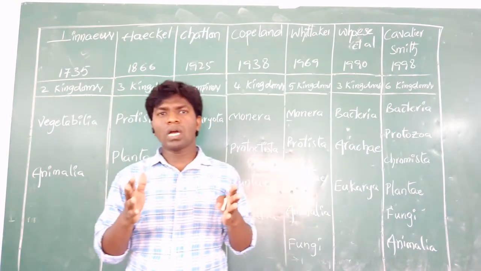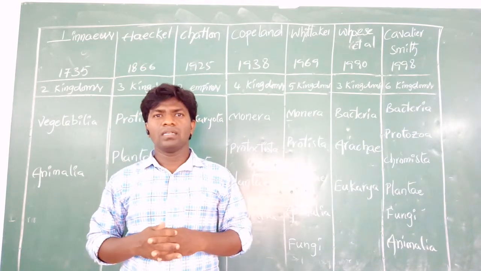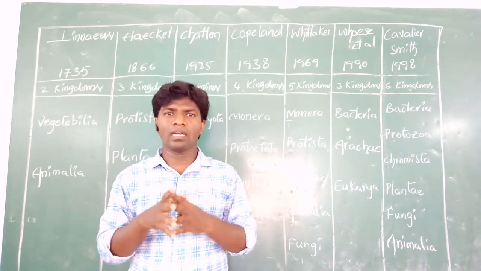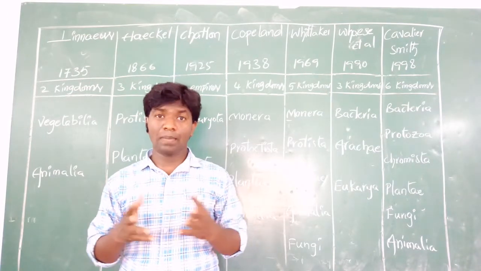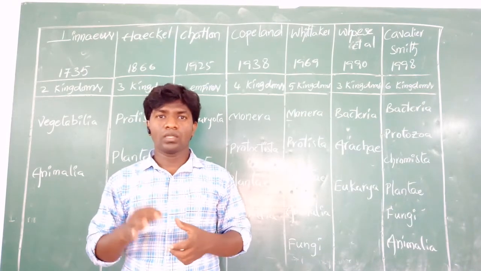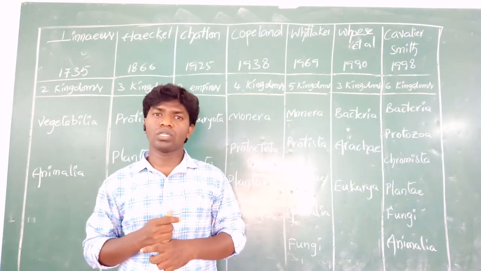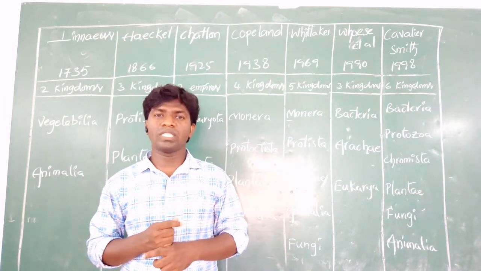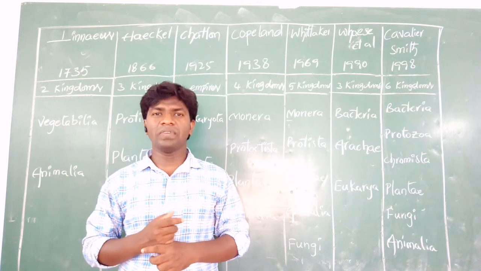Most reproduce by splitting into two cells. Examples of Protista: Paramecium, amoeba, algae, kelps, diatoms. Do you know kelps? Sea kelps are there in oceans and seas. Kelps are also called seaweeds.